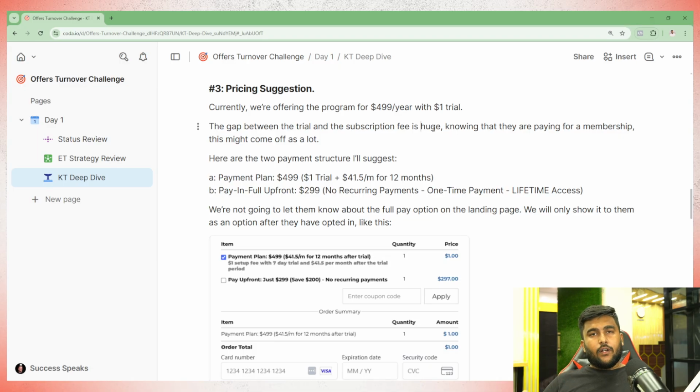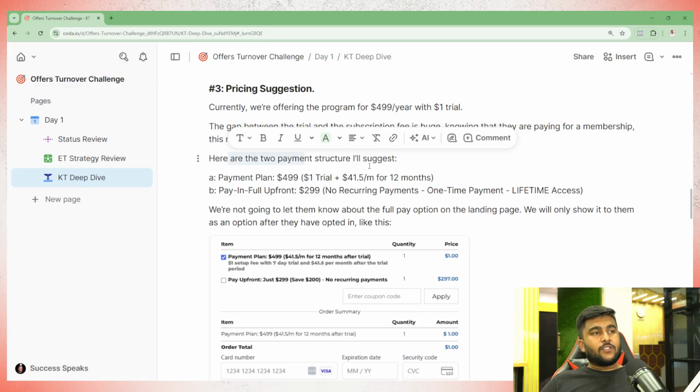And they offer a paid trial, right? So the gap between $1 and $97 or $47 or $20 per month is very low. However, the gap between $1 and $499 is a lot, right? So people are thinking, hey, after 7 days of just paying $1, I need to pay $499. That's why this might come off as a lot for them, right?